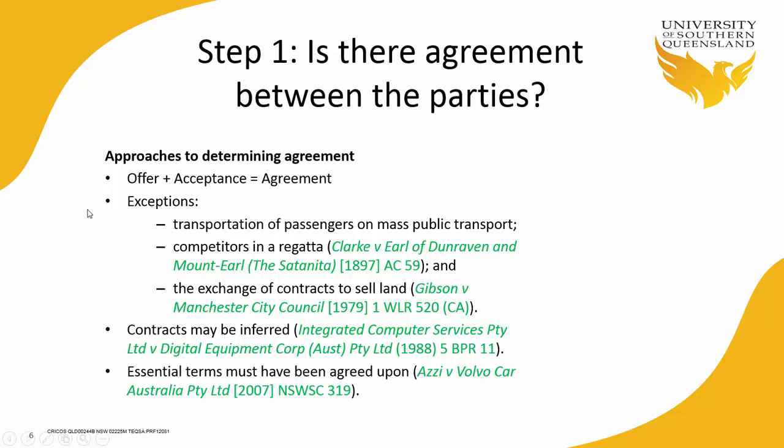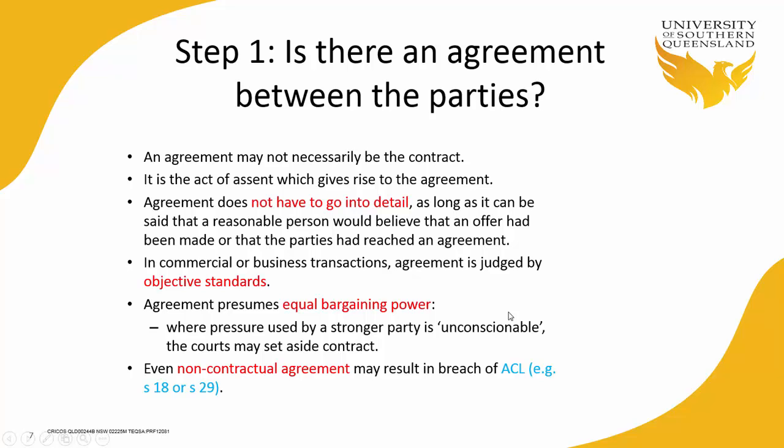All right. Let's then continue with the first step. It says an agreement may not necessarily be the contract. So sometimes you could have still an agreement, but it's not enough for you to find a contract. It is the act of assent which gives rise to the agreement.